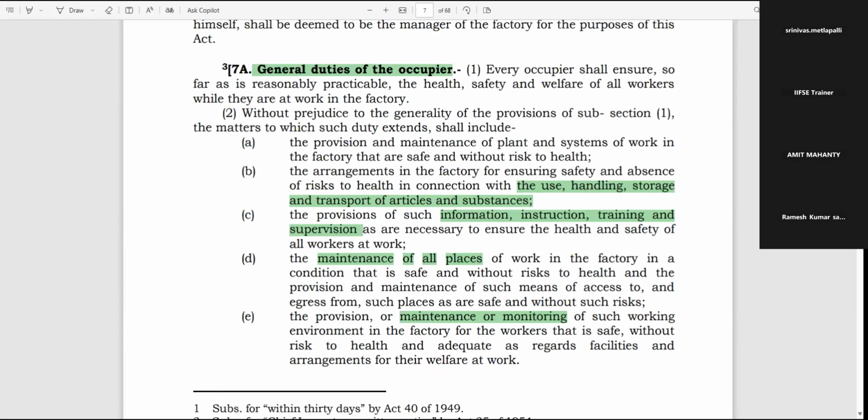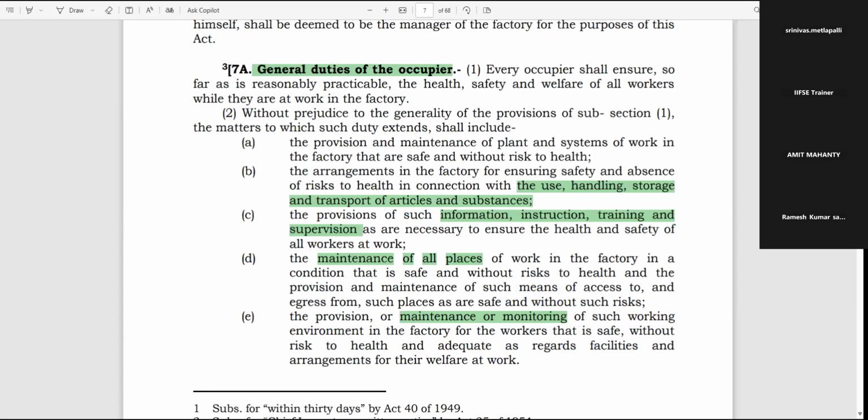The arrangements in the factory for ensuring safety and absence of risk to health in connection with use, handling, storage, and transport of articles and substances, training and supervision are necessary to ensure the health and safety of all workers at work.